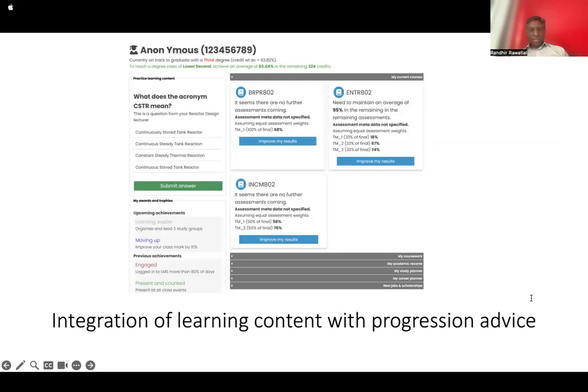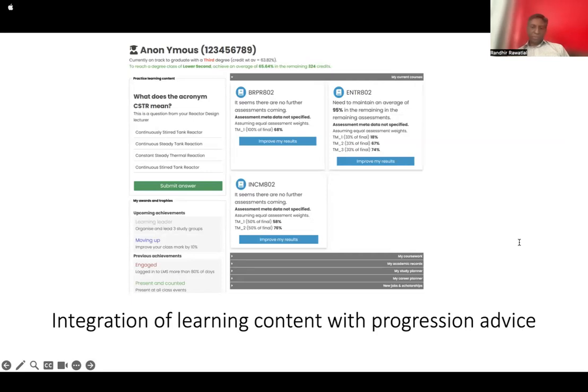The system in this case is pointing out that the student still has plenty of credits to complete to increase the class of degree. We also see that the system is pointing out in the current semester the courses that the student is registered for. It has calculated, based on the assessments completed so far, what the student has to perform at in the remaining assessments to achieve that higher class of degree.